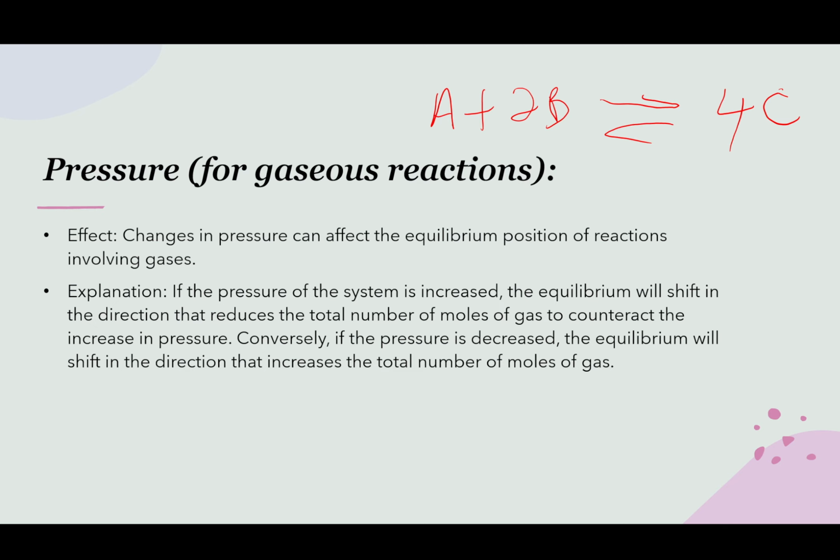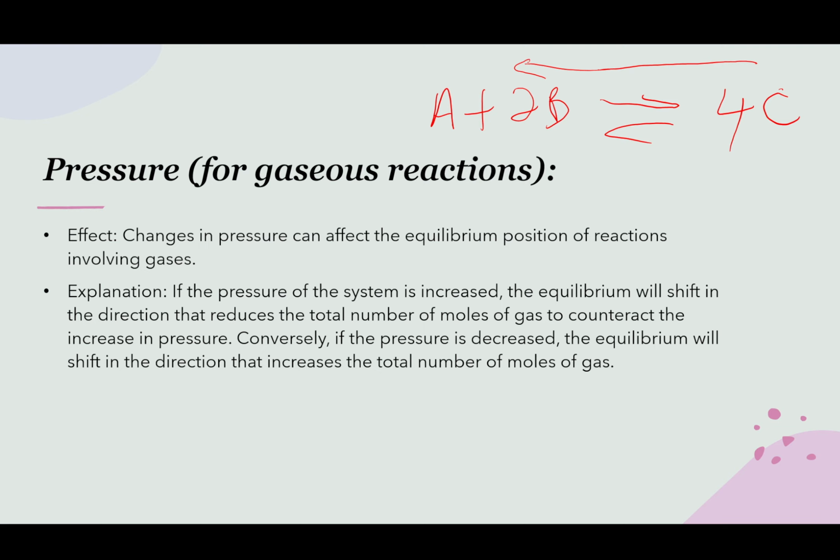So let's say that you want to create a product for C. You're going to have to do it at a low pressure. Because if you increase the pressure on the system, it will shift in this direction. Alright, it will shift to the left. And we will favor the production of the reactants more so than production of the products.